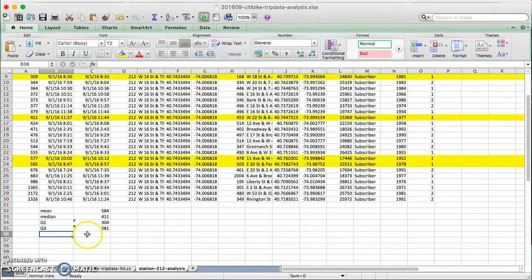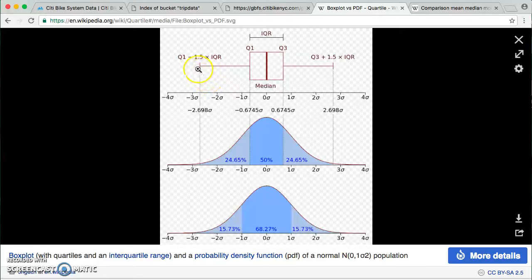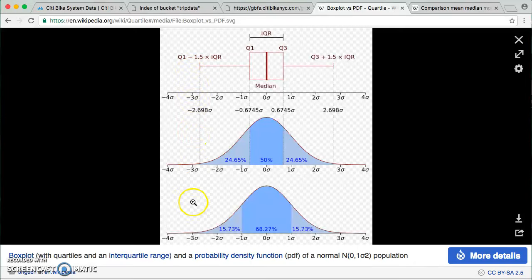Looking back here, this isn't quite as demonstrative, but it does tell us how this measure of Q1 minus 1.5 times IQR, it's a mouthful, relates to the normal distribution, what percentage of values are going to be within it.